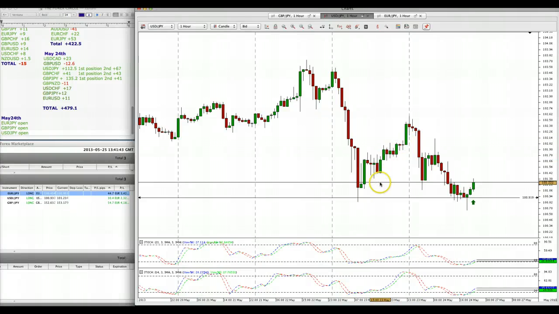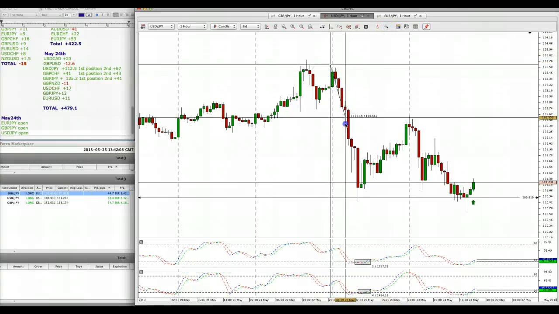Let's look at some more. This trade here was an excellent setup because not only did we have a color change candle, the stochastics indicator was oversold on both 21 and 14, right there and there. And that was a great trade setup. And for the retracement, how many pips prior to the move?